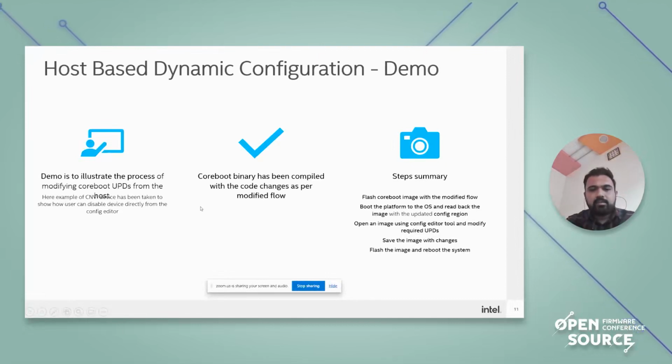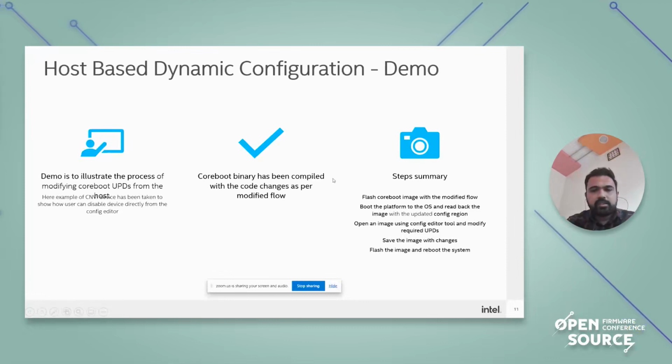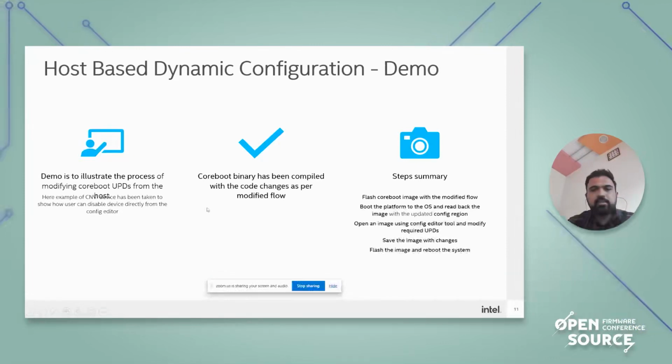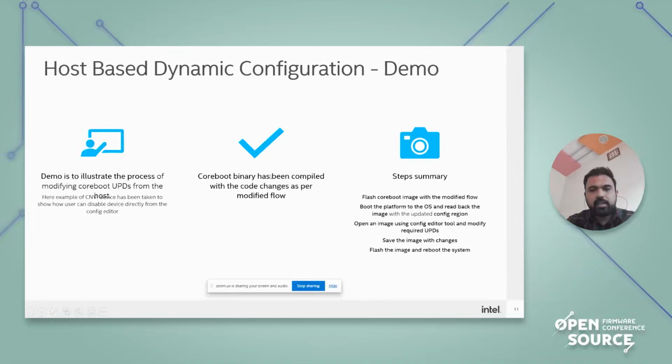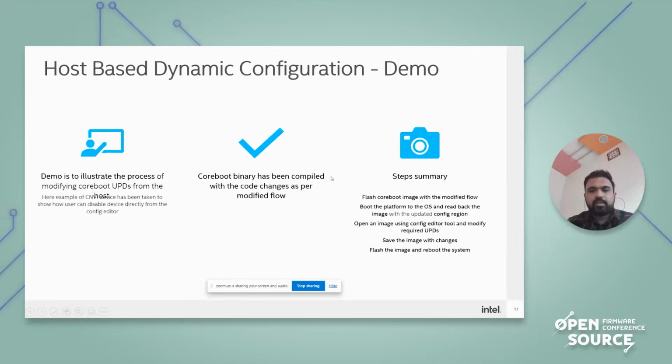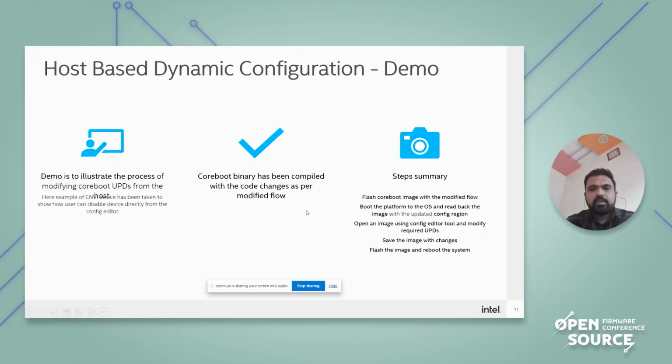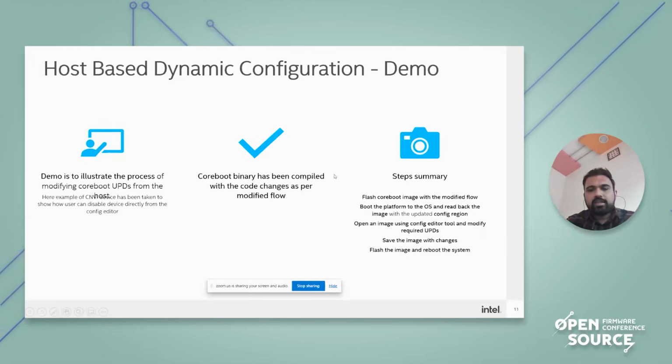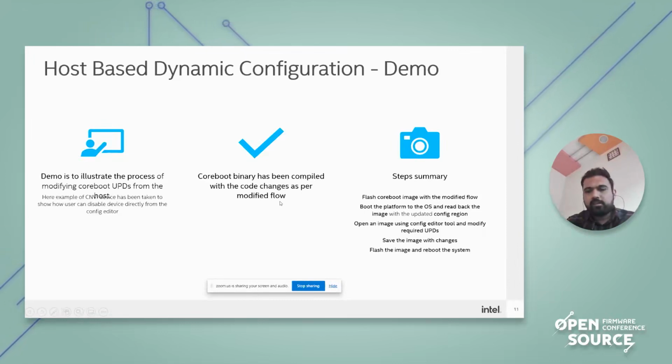First we will flash the image and let it boot, and we will see in the PCI device list that the CNVA device is available. Then we will read back that image to the host. We will modify it using the config editor tool to disable the CNVA, for, let's say, any debugging purpose. And we will refresh the image and show that it has actually taken effect and CNVA is disabled.